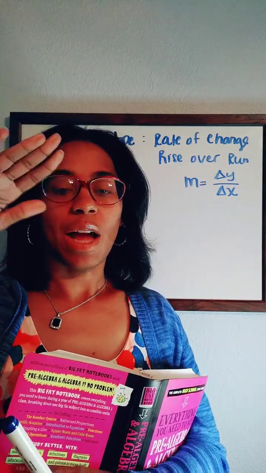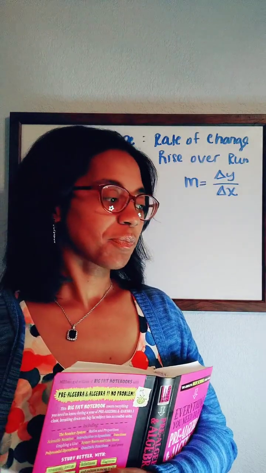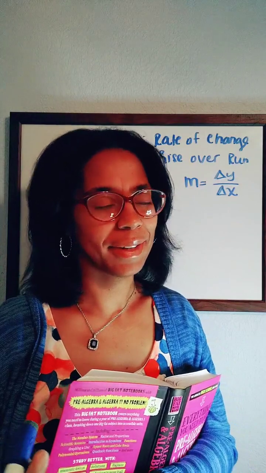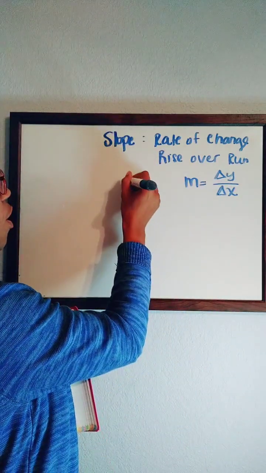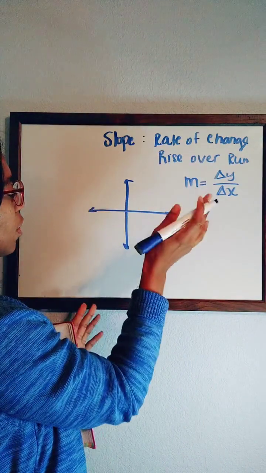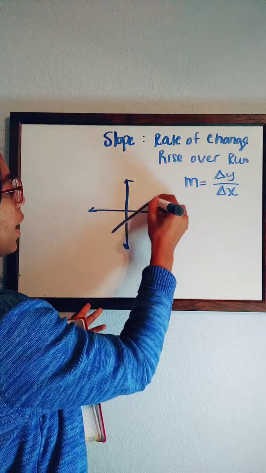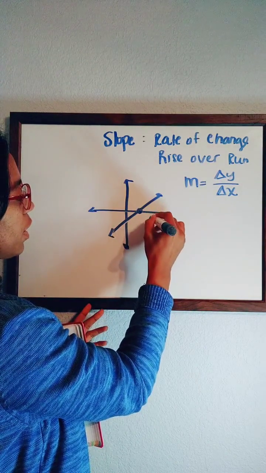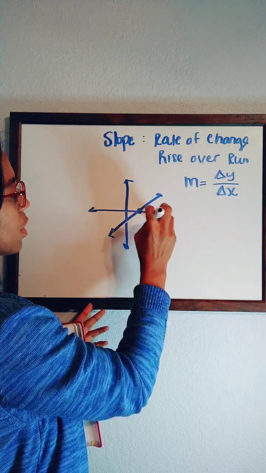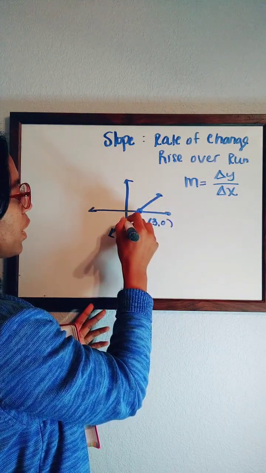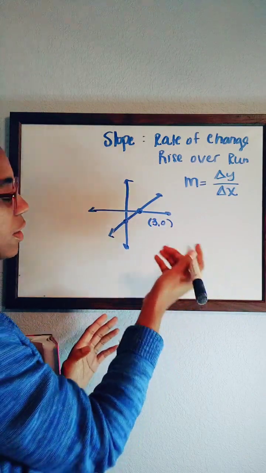Y'all are amazing. Rise over run, right? I don't have any graphs here with me, which would be a lot easier. But let's say you do have a graph that you are able to look at, and let's just say, for instance, that I have this point here, which is (3, 0), and then I have a point here, and I'm just using the x and y intercepts.